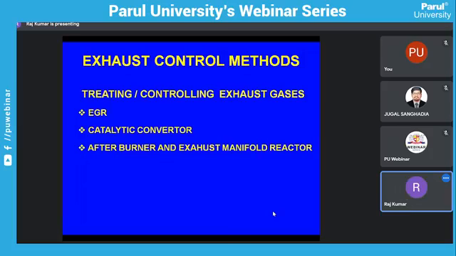So we have various exhaust control methods: EGR, the catalytic converter, and fitting an afterburner in the exhaust manifold. Again, we are treating the exhaust gases by these three methods, that is EGR, catalytic converter, and afterburner.